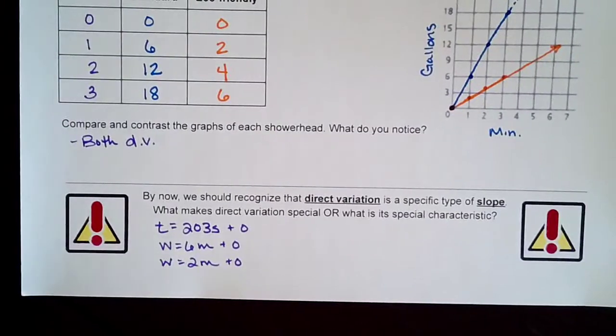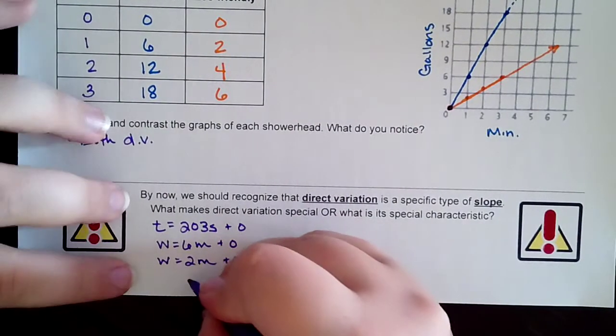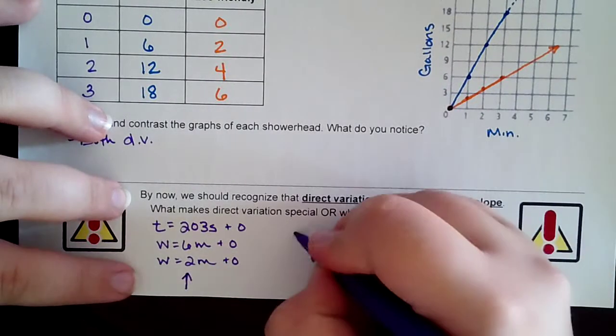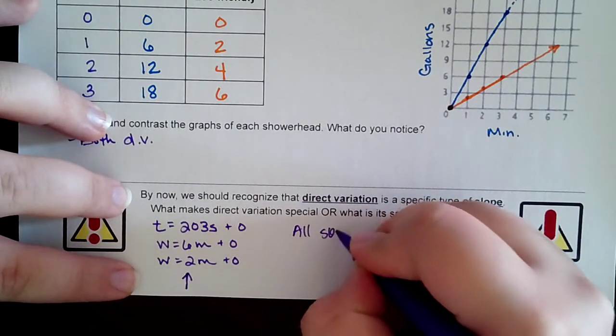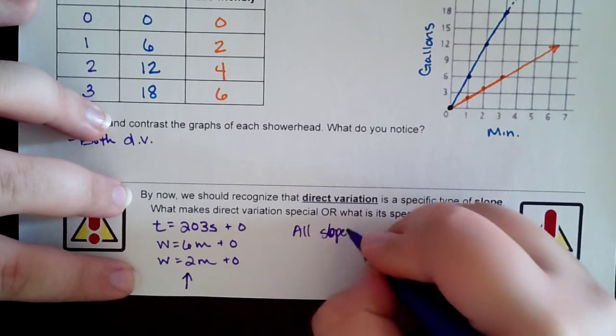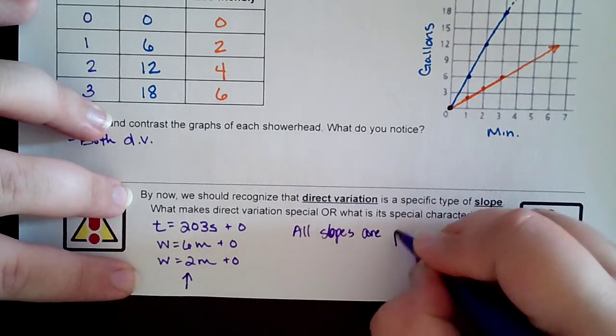So on this page specifically, those are the special characteristics for direct variation. Pretty soon we're going to be getting into some indirect variation where we're working with a negative slope. But in this case, we also notice that all of our slopes are positive. All slopes are positive.